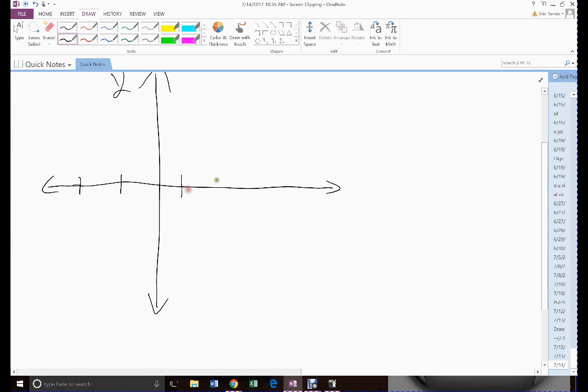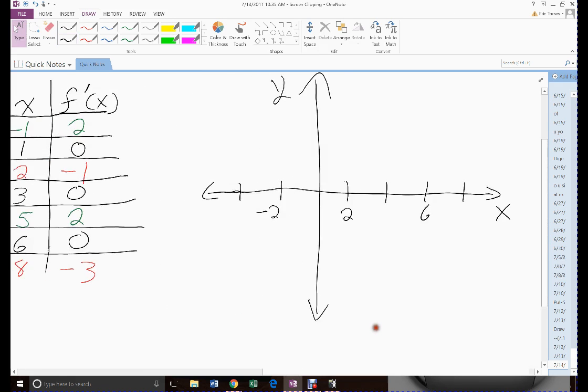Actually, I'm going to go up by 2's. So, -2, +2, 4, 6, and this is 8. I'm not going to have any y values because it doesn't really matter.